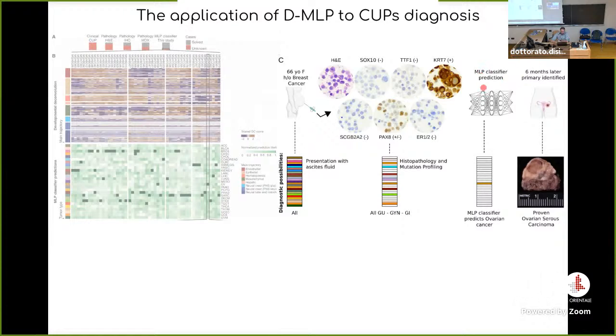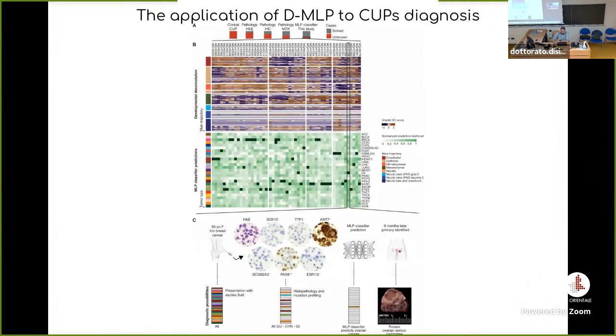And the MLP guessed ovarian. Interestingly enough, after 6 months from the presentation, the ascites got reabsorbed, and a mass in the ovary was found, telling us that the MLP in this case did a good job in performing the classification. So this represented the case that we used to test our theory.